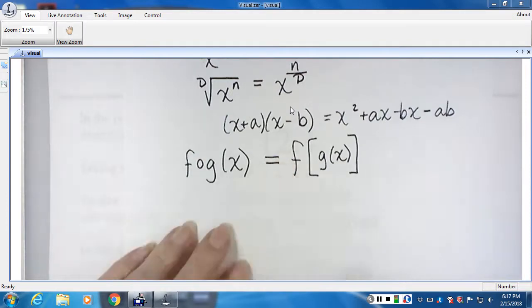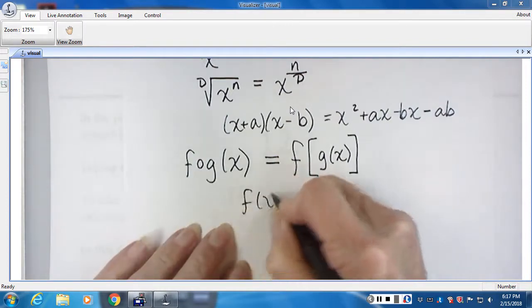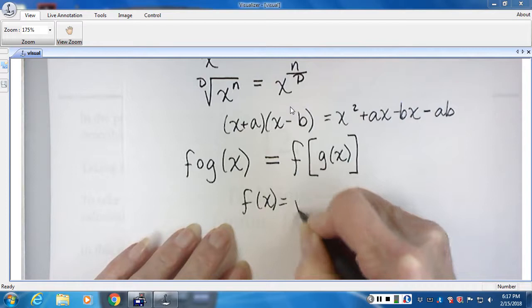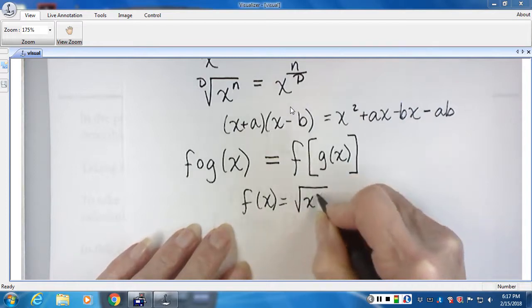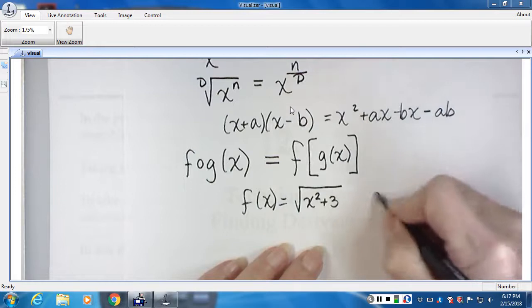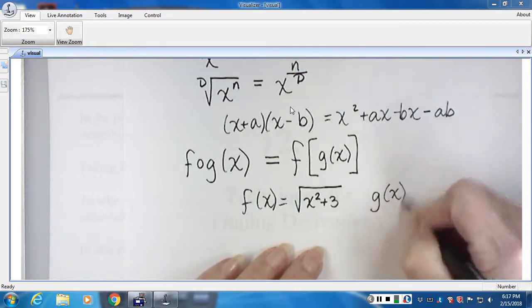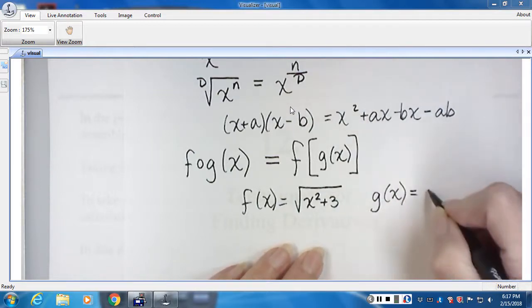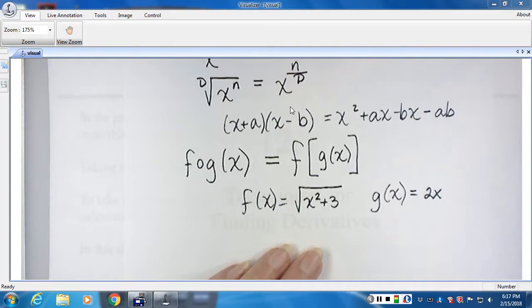For example, if f of x was the square root of x squared plus 3, and g of x was 2 times x, okay?